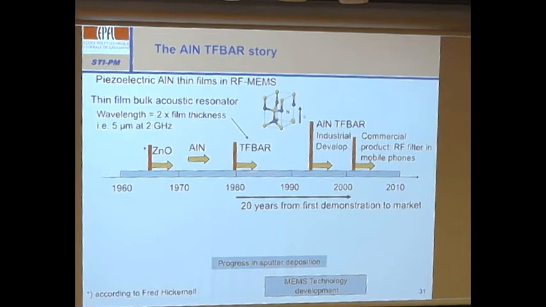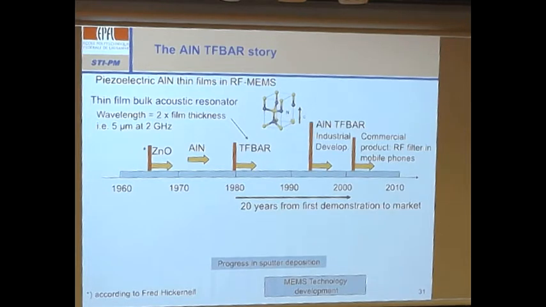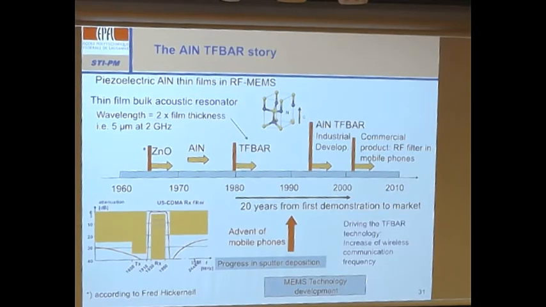You see, so from the moment you have knowledge about the material and knowledge about an application of the device, it goes 20 years until it comes on the market. 20 years, yeah. Of course, what did the people do in the meantime? Of course, there was a lot of success. In the meantime, the sputter deposition was very much developed.